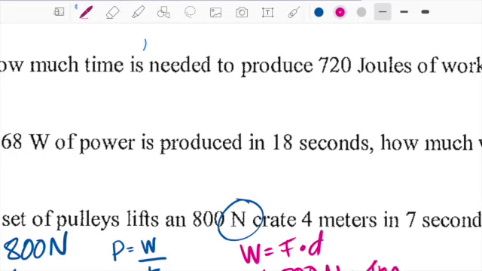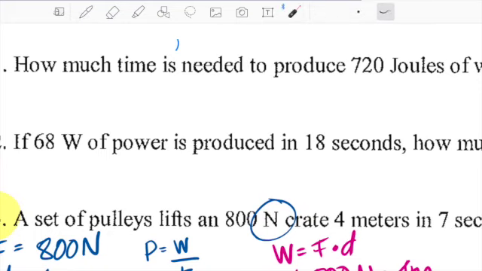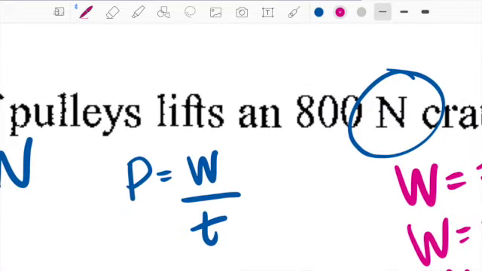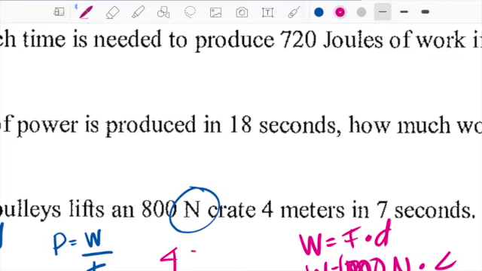So your answer would be 3,200 joules. And now this answer, you'll put it into this work, and this is how you can get the power. So you have power equals 3,200 joules divided by the 7 seconds. So it would be 457.14, and the unit that we will get with work and time is watts.